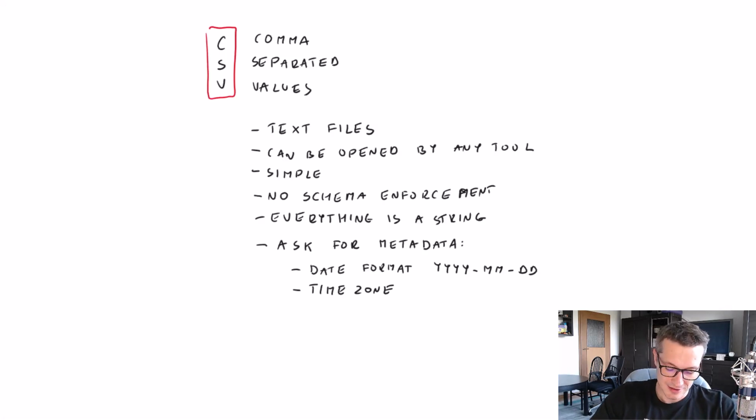So again, when you are working with CSVs and you're trying to get this metadata, ask for number format. How those numbers will look like. Because again, in case of CSV, everything is just a string. And inside the string, you can store everything. You cannot enforce in any way the proper format.